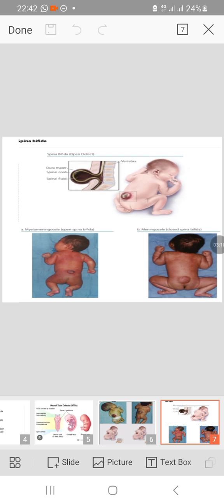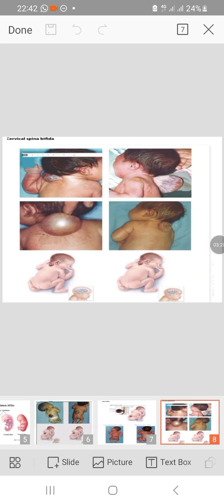The spinal cord and its dura mater are enclosed. So it's closed spina bifida, the last picture, B. Next, this is a cervical spina bifida, which occurs in the cervical region.